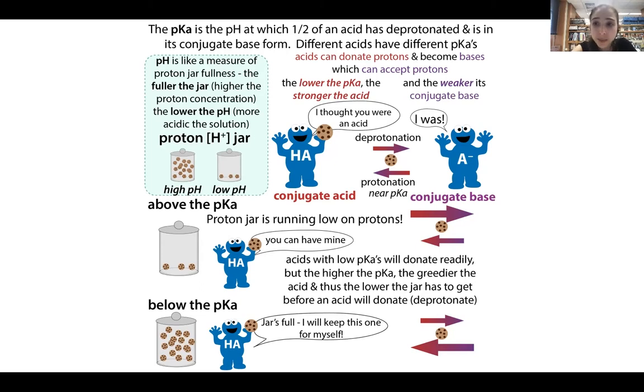That means you have a strong base because they're flip sides of the same coin. And remember, the higher the pKa, that means that the cookie jar is less full. So even if that cookie jar is running pretty low, it's still going to take a cookie. It doesn't really care that there are other people that want those cookies.